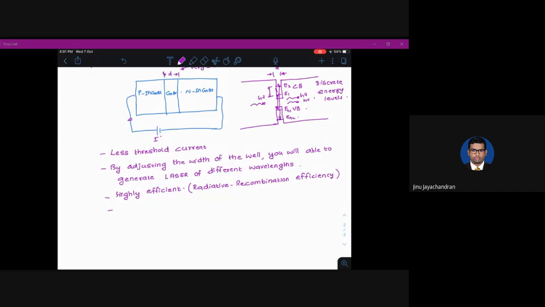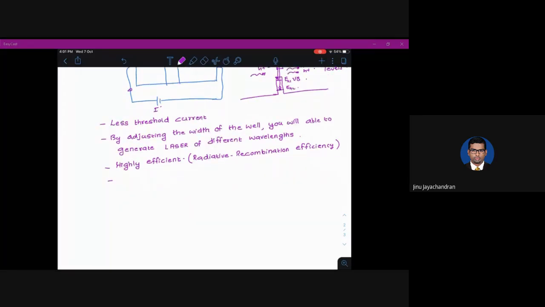Okay, so this is only a single well. You can have multiple wells also, something like this.